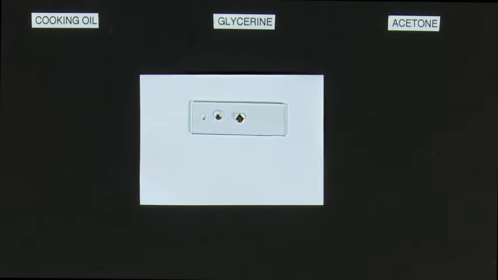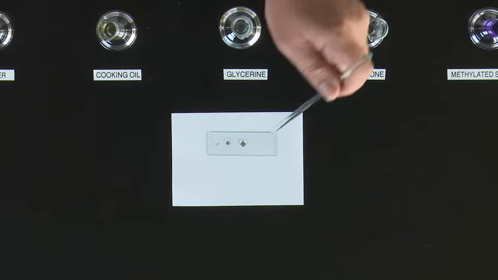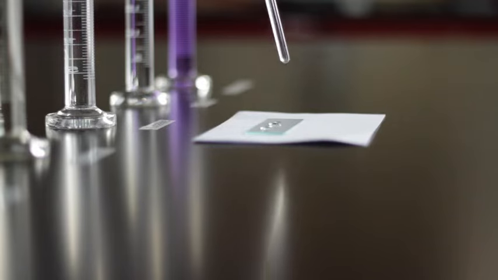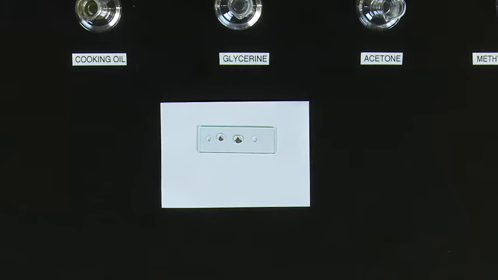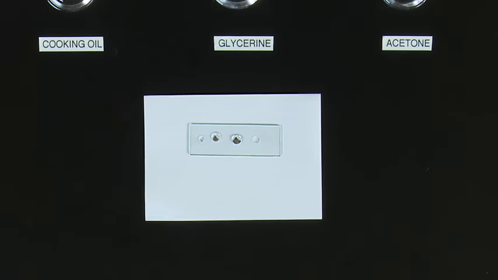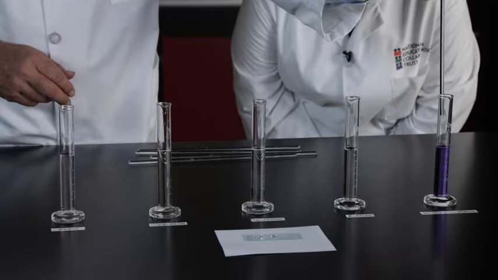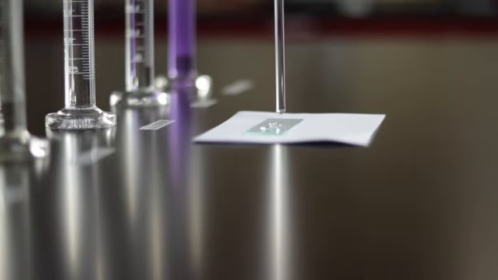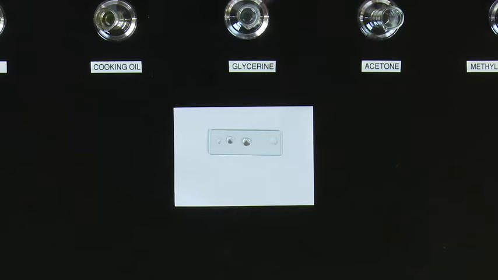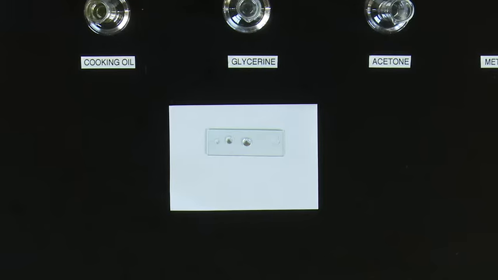Let's go on now. Here's a droplet of acetone. Draw the shape of its droplet in your table of results. And finally, a droplet of methylated spirits. Draw the shape in the table.